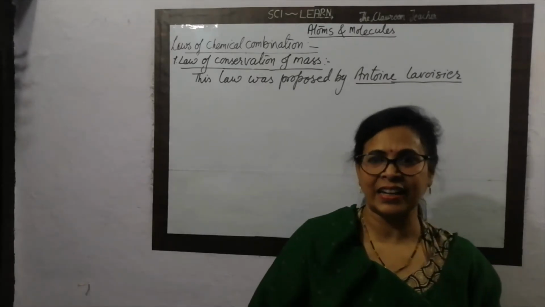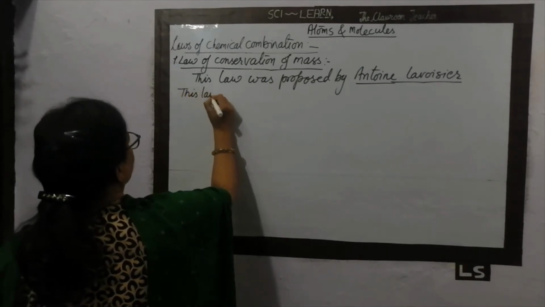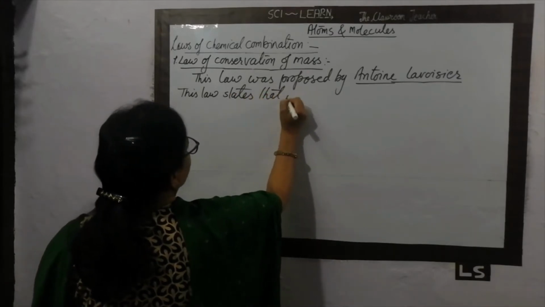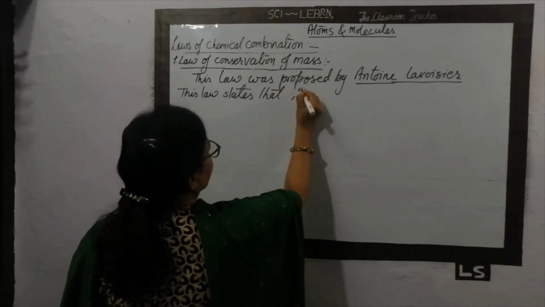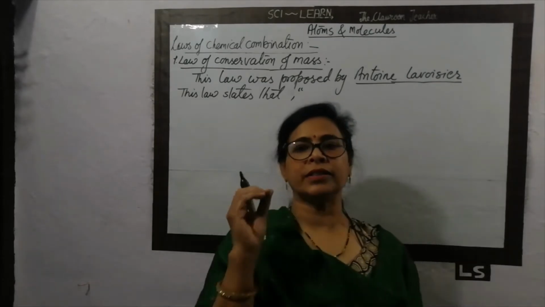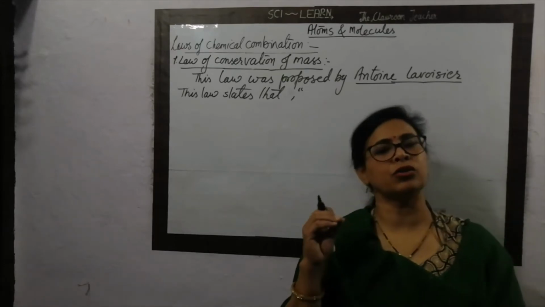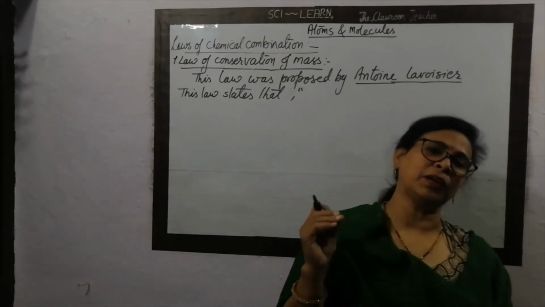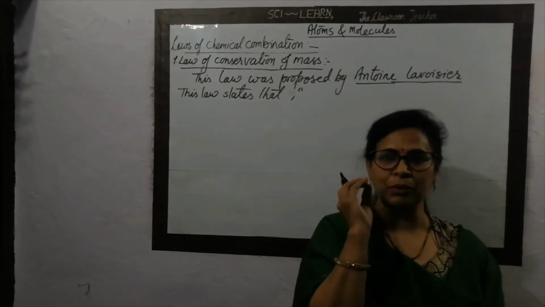This law states that during any chemical change, any chemical combination, any chemical process, the total mass of product is equal to the total mass of reactant. It means in any chemical process, mass can neither be created nor destroyed. Okay, that's the simple meaning of the sentence.